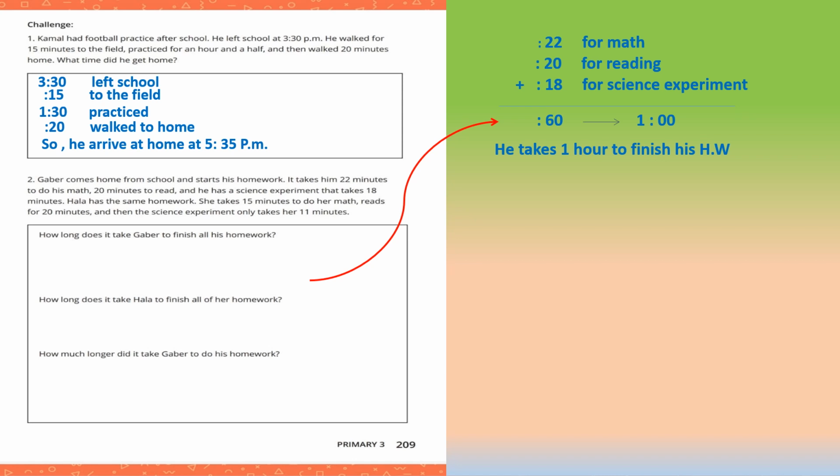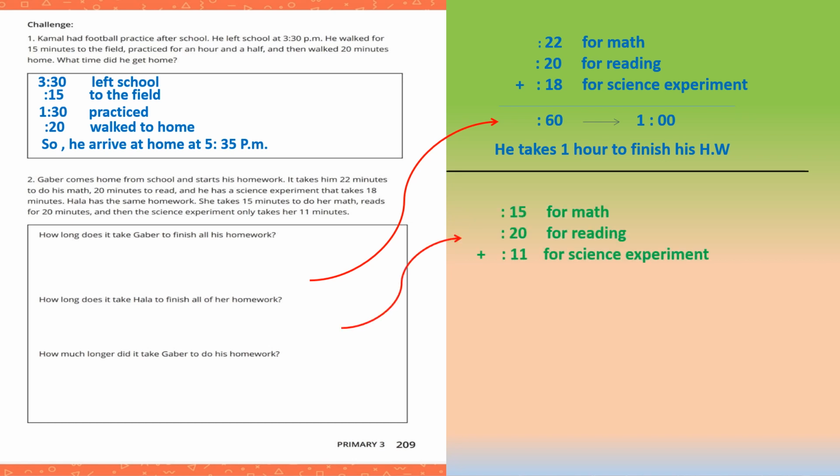How long does it take Hala to finish all of her homework? 15 minutes for math, 20 minutes for reading, 11 minutes for the science experiment. So the total will be 46 minutes. She takes 46 minutes to finish her homework.